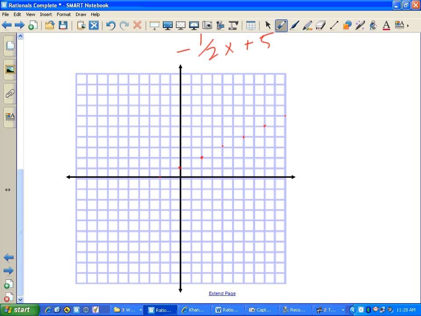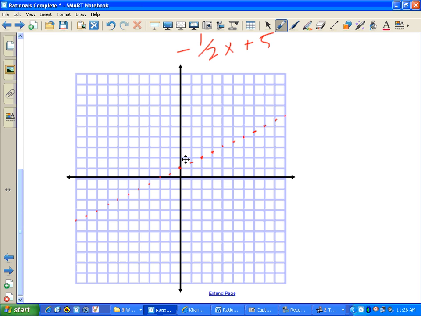Okay, I want to go the other way with it also. Put a couple other points in here so we can see a little better. Okay, there's my slant asymptote.